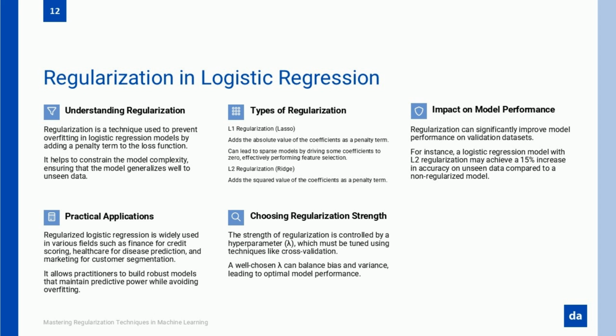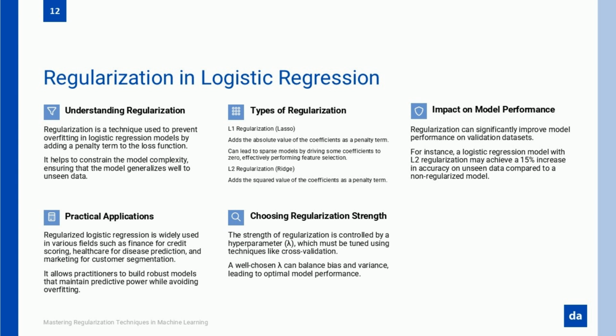Imagine you're working in healthcare, trying to build a model that predicts whether a patient has a disease based on medical records. You have hundreds of lab test results, genetic factors, and lifestyle choices as inputs. If you train a logistic regression model without regularization, it might learn from every single variable, even the ones that don't actually contribute to the disease. This makes it harder to explain which factors truly matter in making a diagnosis.